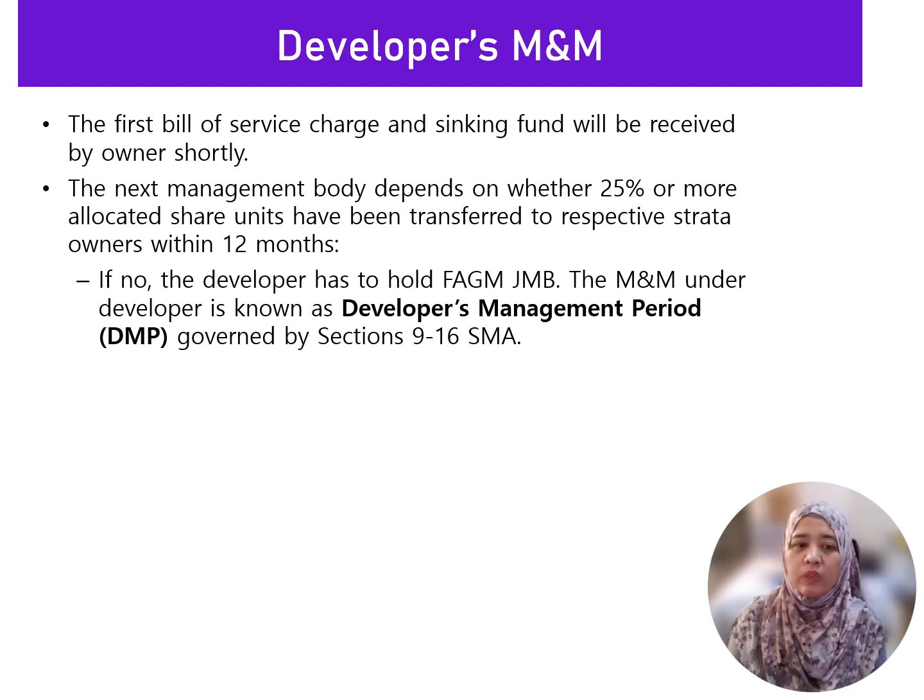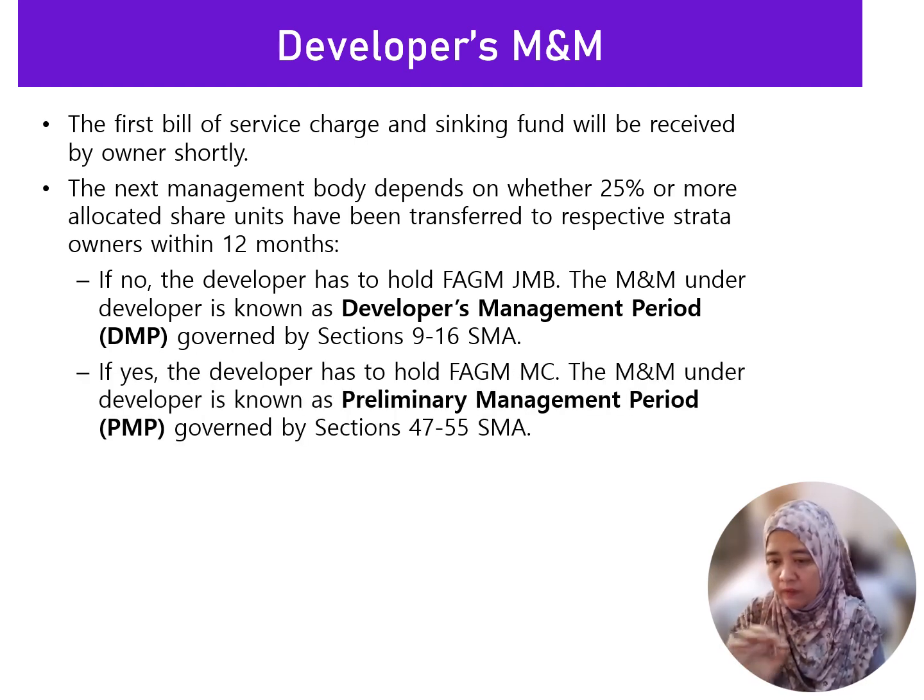Yeah. So if manage to transfer 25% or more of the allocated share units kepada respective strata owners, the respective buyers, okay, the developer has to hold the FAGM, the first AGM of the MC. Okay, so maknanya sebab dia dah berjaya transfer dalam masa 12 bulan tu, you have the strata titles issued in the name of the buyers.